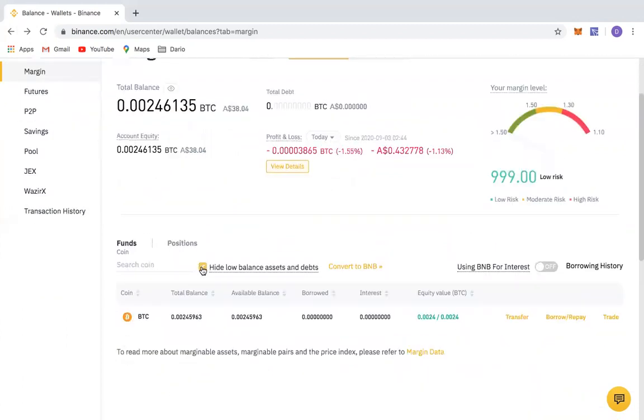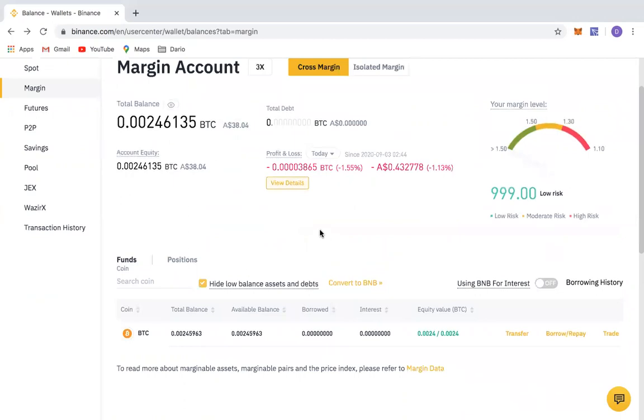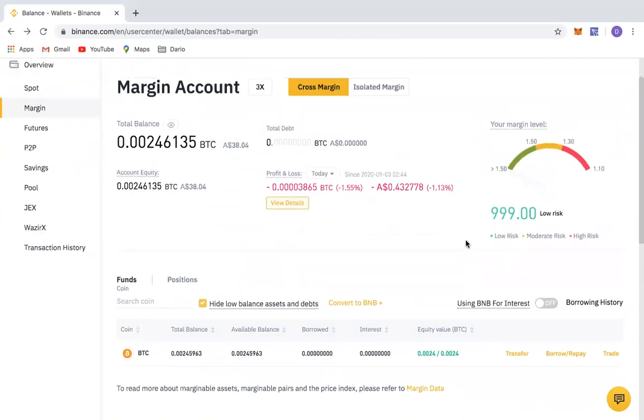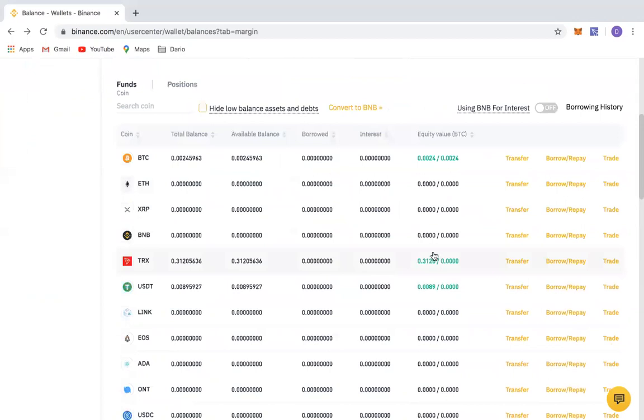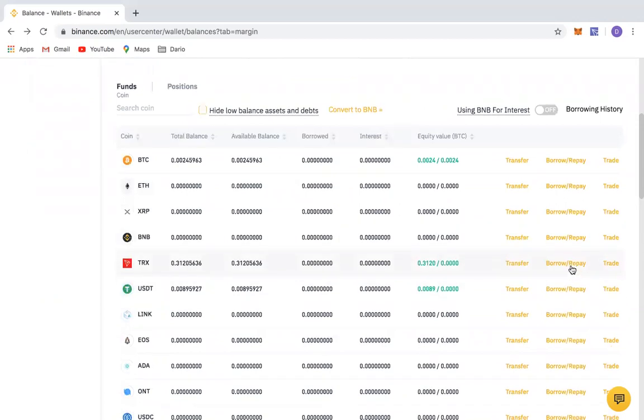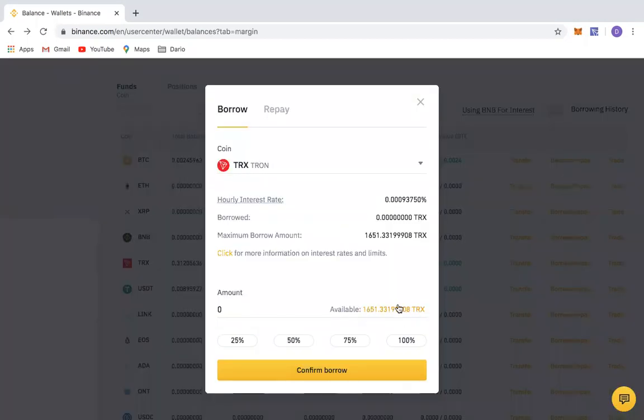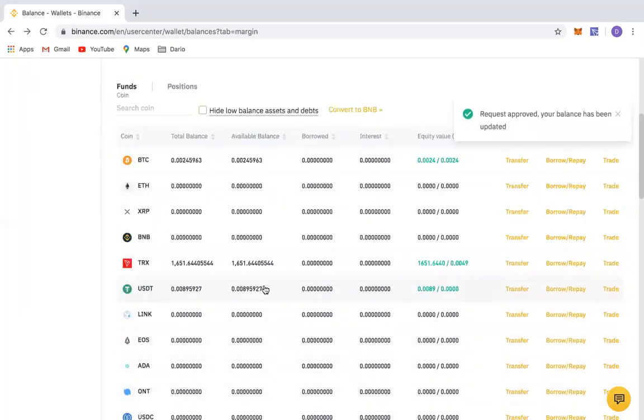So I showed you how we've increased our account by 3 times. We bought Tron, but how do we short? We're going to do it like this. If we want to short Tron, we're going to click on borrow Tron. We're actually going to borrow the Tron. So I have $40 worth of Tron now. I'm going to go to trade.